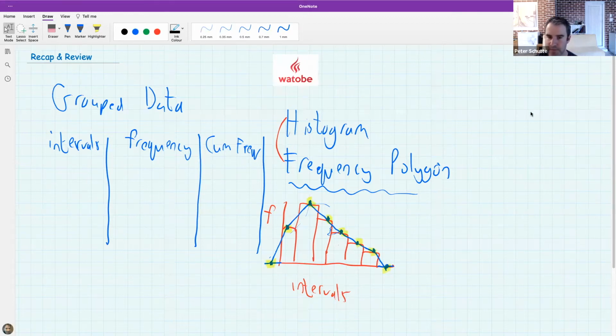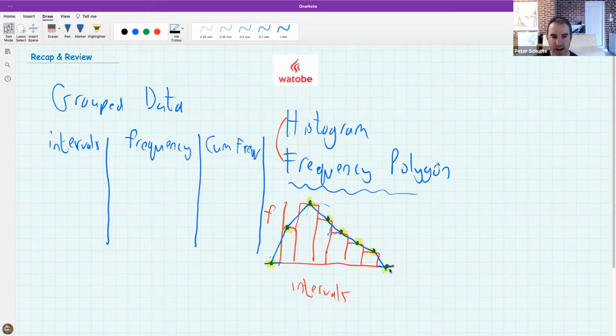Any ideas? What are these things in yellow? If we don't have a histogram, but we could calculate them, what are these things called? It's the coordinates. Yes, the coordinates from the midpoints of the histogram. Even if we didn't have the histogram behind it, if we knew what these coordinates were, we could easily draw a frequency polygon.